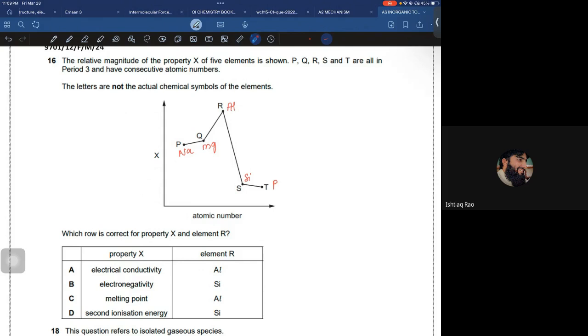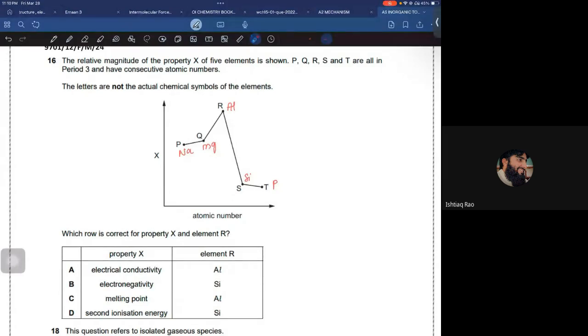If you remember the definition of metallic bonding, it's an electrostatic force of attraction between the cation and a sea of delocalized electrons. Sodium has fewer electrons than magnesium, and magnesium has fewer electrons than aluminium. Aluminium has more electrons, so aluminium should be a better conductor of electricity.